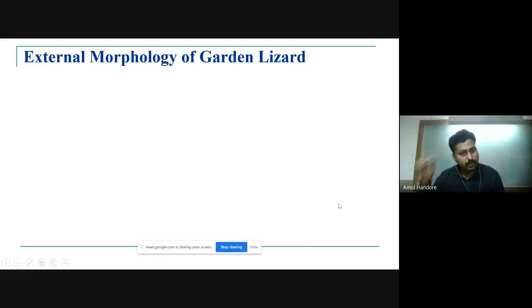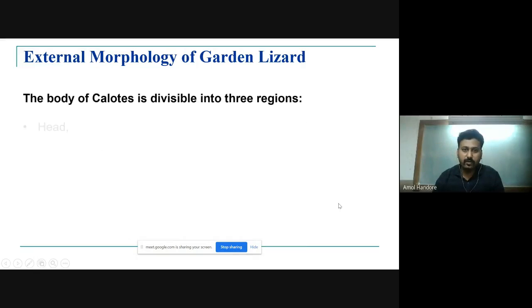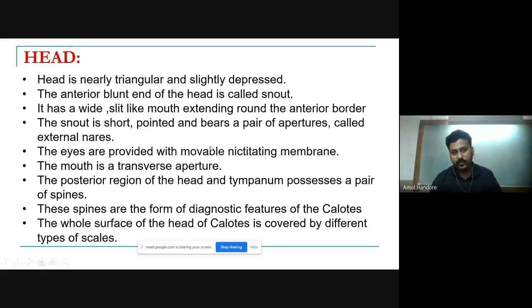Okay, so let's start with the external morphology. So the body of Calotes is divided into head, trunk and tail. And in between head and trunk there is a short neck. So if we see the head, it is triangular in shape and slightly depressed. From the upper side you can see it is slightly depressed in appearance. The anterior blunt end of the head is also called the snout.